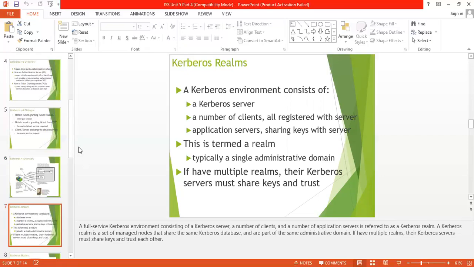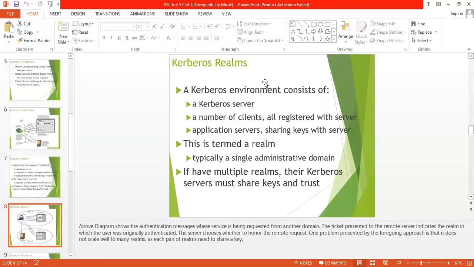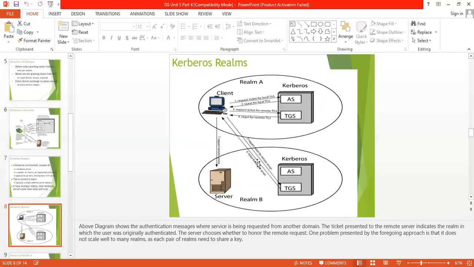So this is the Kerberos realm, and this diagram shows the Kerberos realm. There are two realms, realm A and realm B, using the same server. Multiple realms means more than one Kerberos combination.